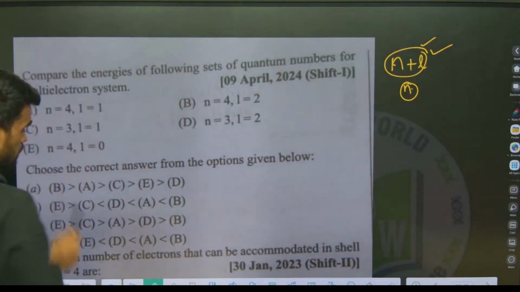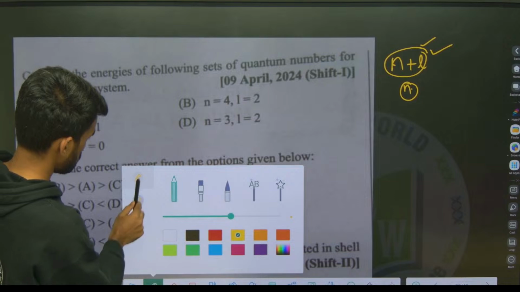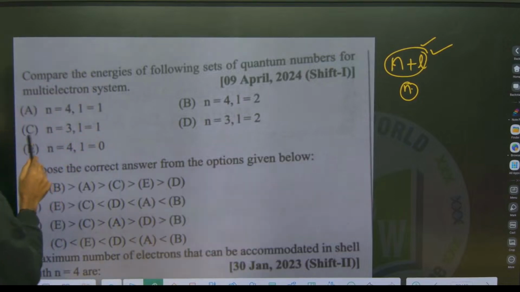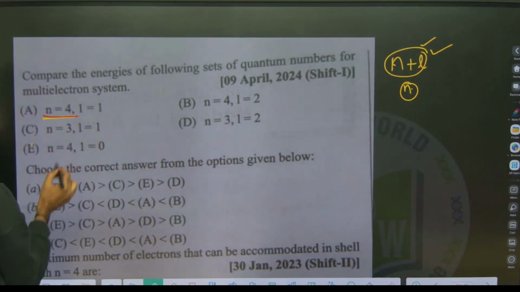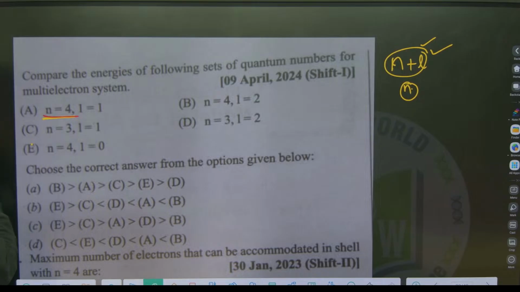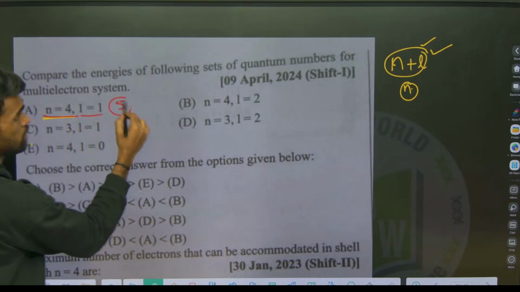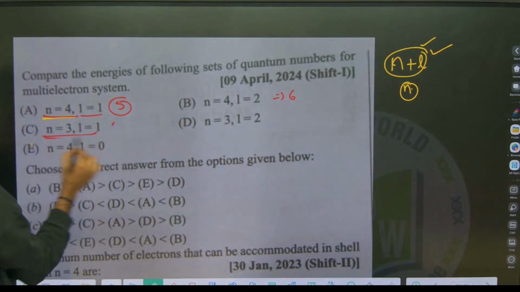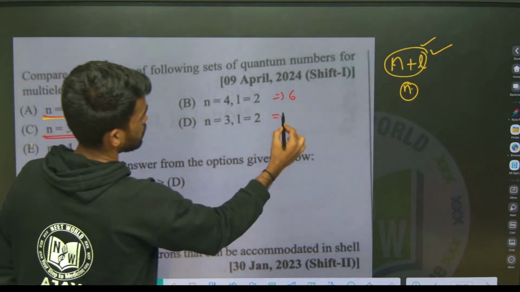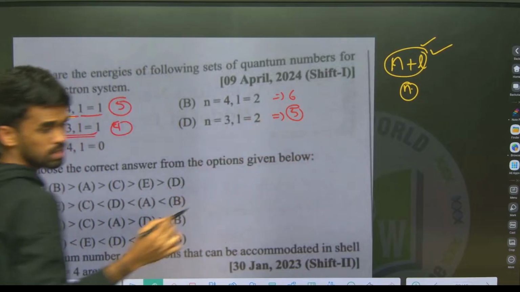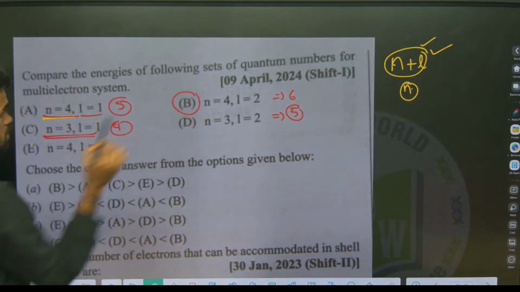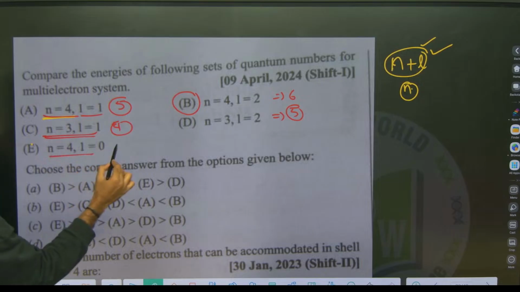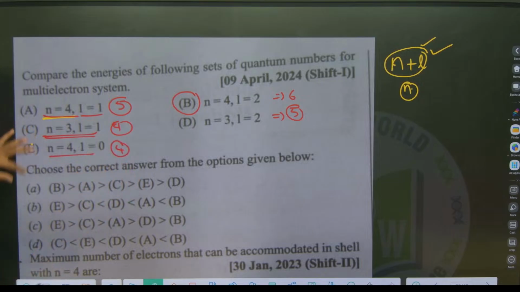Look at the first option: n equals 4, l equals 1, so the total is 5, and here 6, and here 4, here 5. Which is the biggest number here?